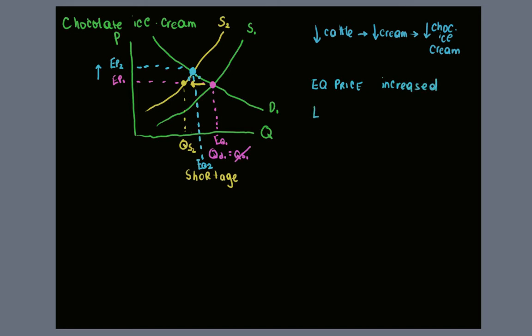We went from equilibrium quantity 1 on the x-axis to equilibrium quantity 2 to the left there. It decreased. And this is exactly what your book on page 90 tells us is going to happen. When quantity supplied decreases, we have a reduction in the equilibrium quantity, and we have an increase in the equilibrium price. Moving on to number 2.